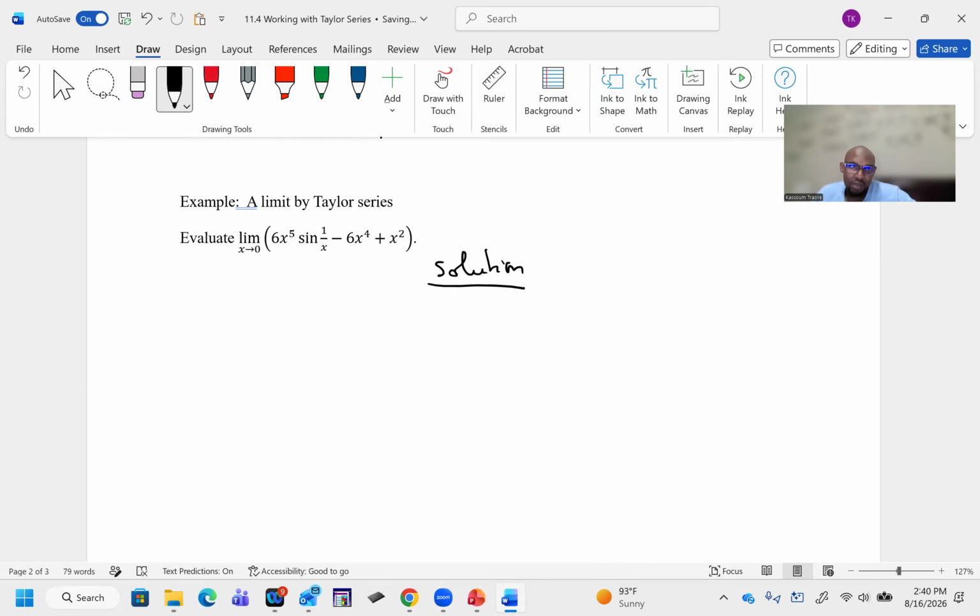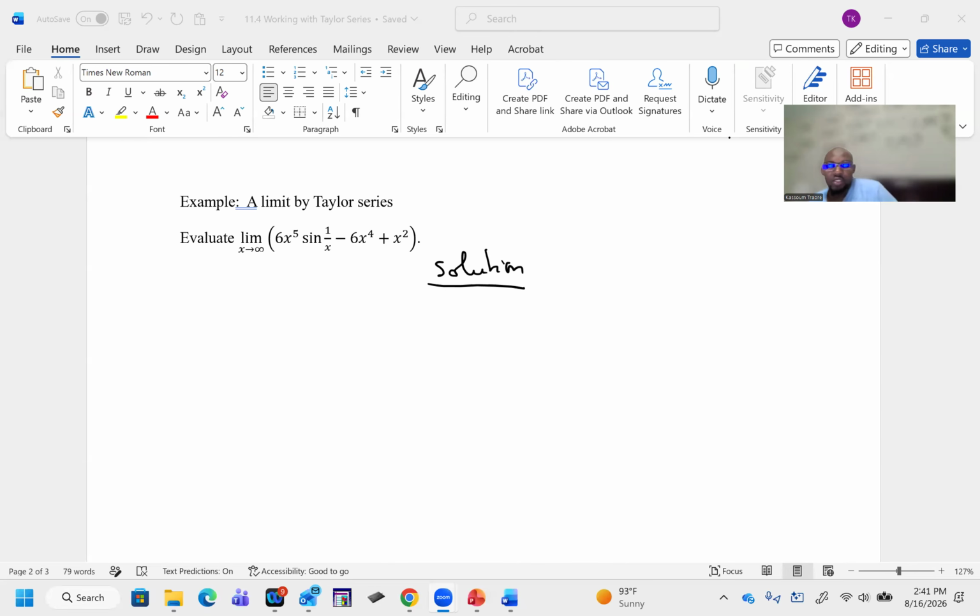Oh, sorry, this limit is at infinity, not 0. This limit is definitely at infinity, because I wanted to do one limit at 0 and one at infinity.